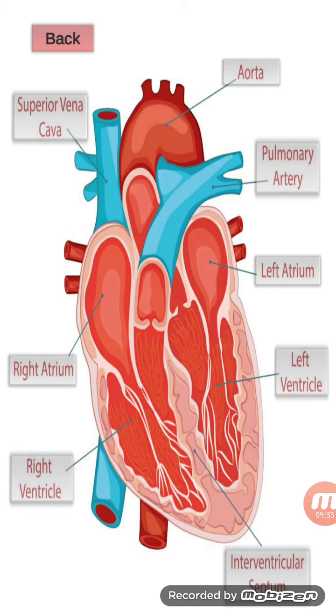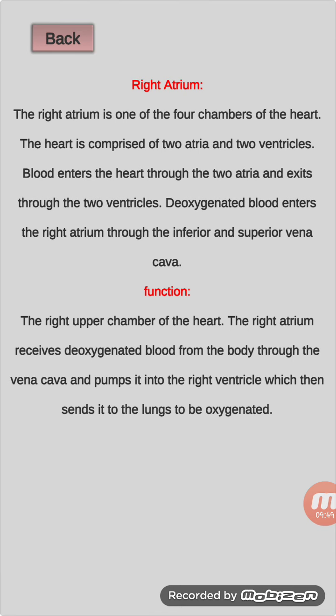Lower chambers are called ventricles. These two atria are thin-walled blood receiving chambers. This is right atrium. The right one is larger than the left.